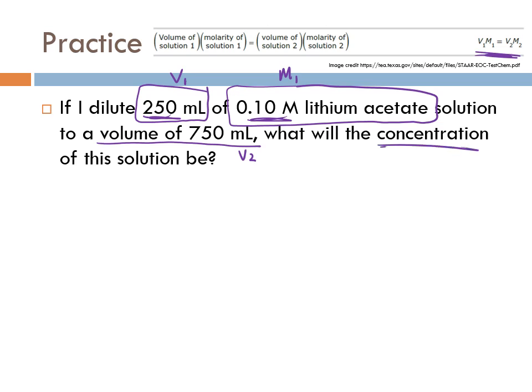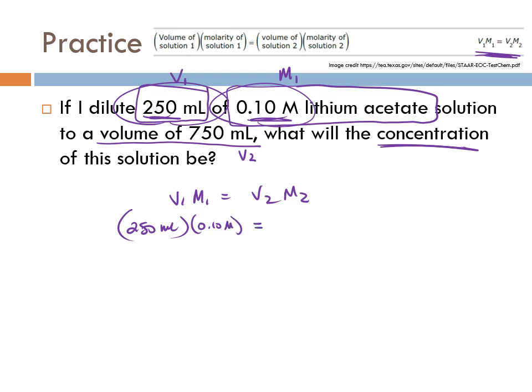What will be the new concentration of the solution? So V1M1 equals V2M2. V1 is 250 milliliters. M1 is 0.10 molar. Set that equal to V2, 750 milliliters. M2 is what I'm solving for.